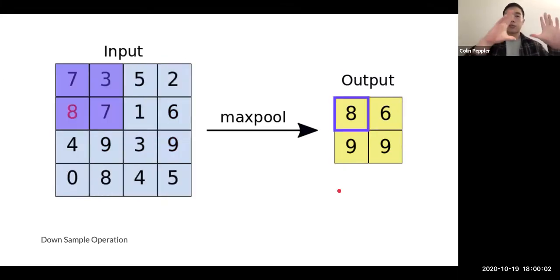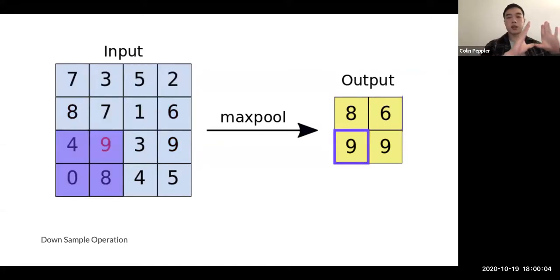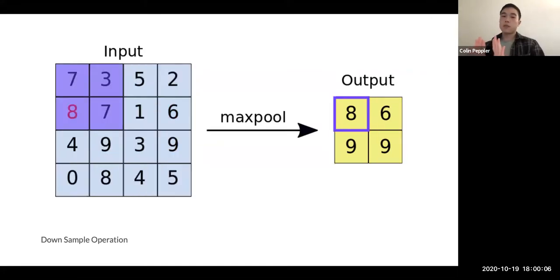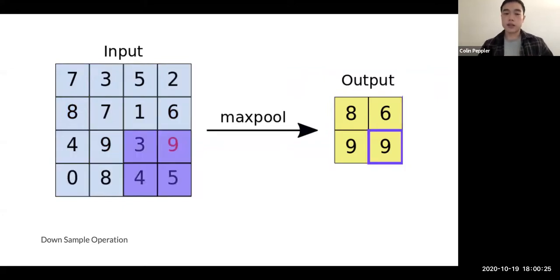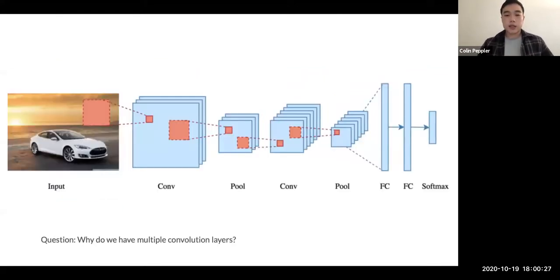You downsample the input data to a smaller input data, and we're going to use that smaller input data for the next layers. And this will help reduce computation costs and it helps us deal with those distorted images in that example I said in the previous slide. And so that's the purpose of the max pooling layer.